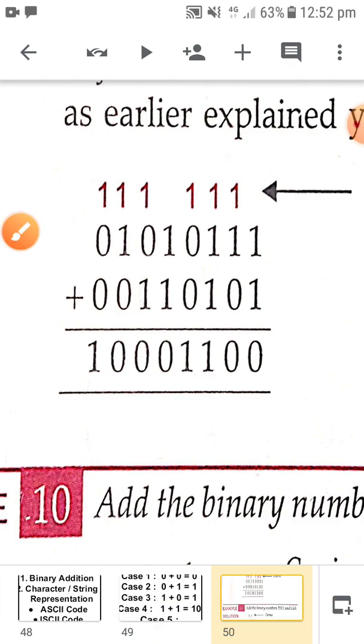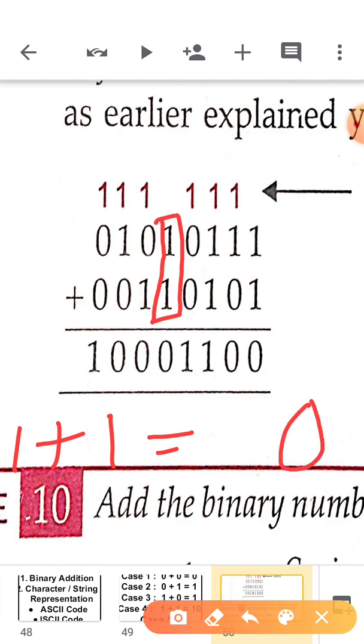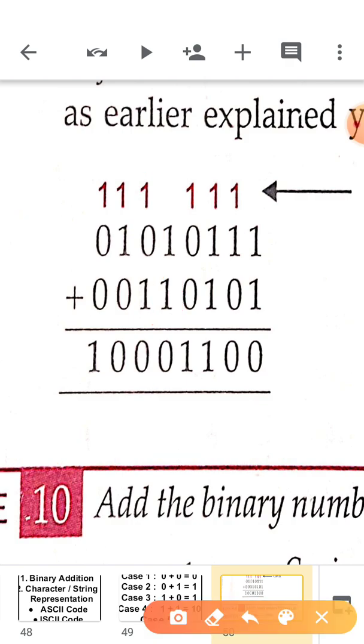Now let's check the next column. Again two ones are together, 1 plus 1, which gives you 0 down and 1 in the carry. Now check this column.